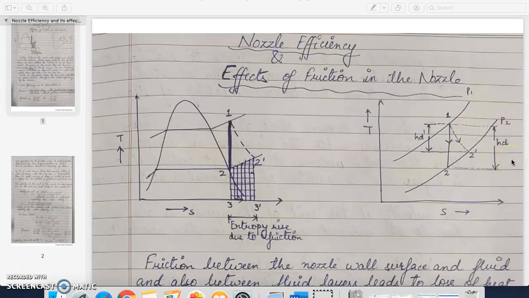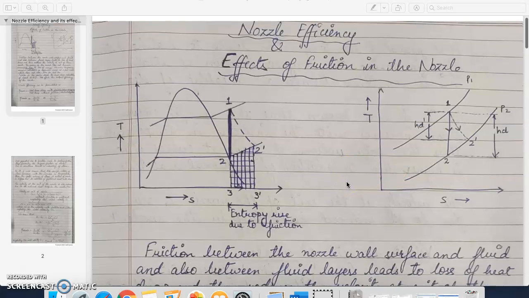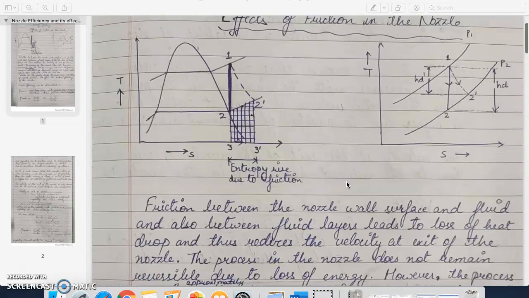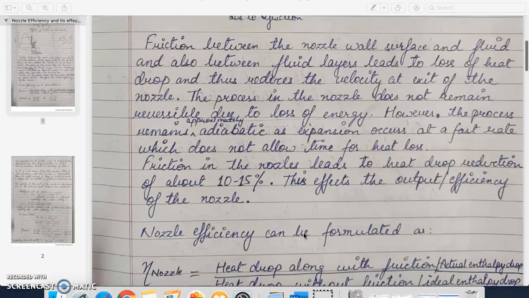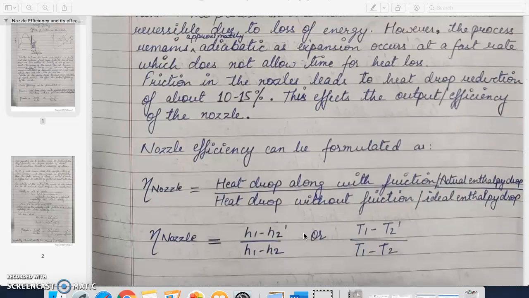So from this we can find a formula for the efficiency of the nozzle, as due to the friction the nozzle is performing worse as compared to how it would have performed in isentropic conditions. The formula for nozzle efficiency can be mathematically formulated as heat drop with friction, also called actual enthalpy drop, divided by the heat drop without friction, that means in the ideal conditions.